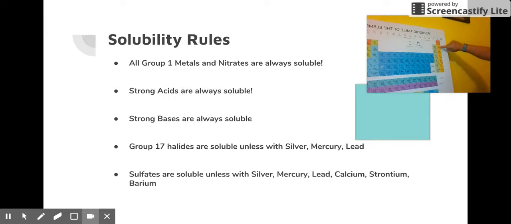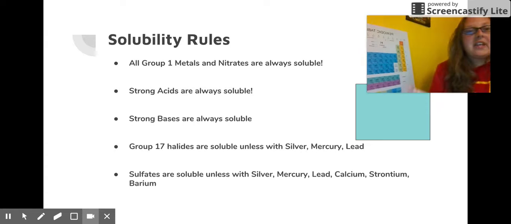But if you look on your own periodic table at this very first column, group 1 means the very first column. Groups go down on the periodic table and periods go across. So when I say group 1, it means this first group here. Whenever I see these in an ionic compound, excluding hydrogen, they will always be soluble. So remember that it splits apart into its ions.